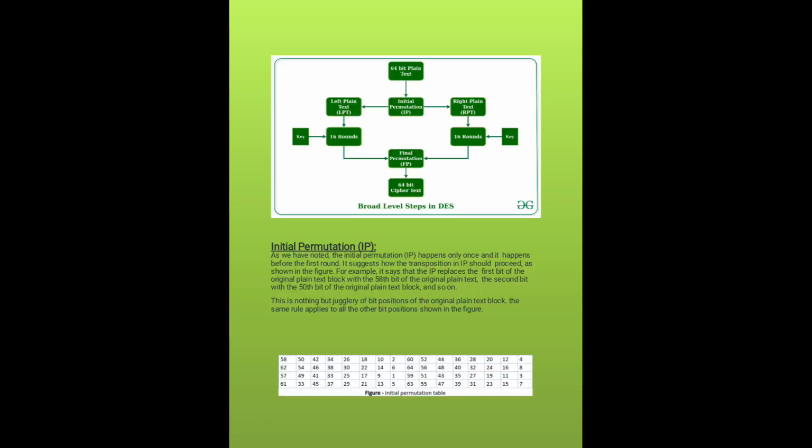Now each of LPT and RPT goes through 16 rounds of the encryption process. In the end, LPT and RPT are rejoined and a final permutation is performed on the combined block. The result of this process produces 64-bit cipher text.